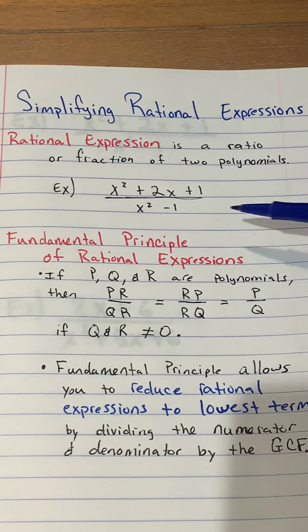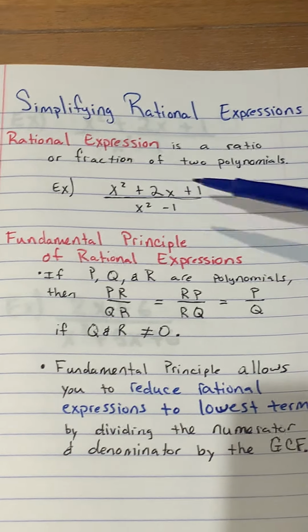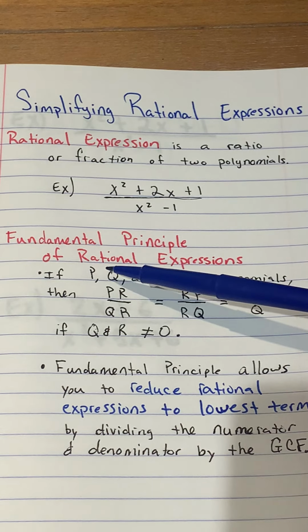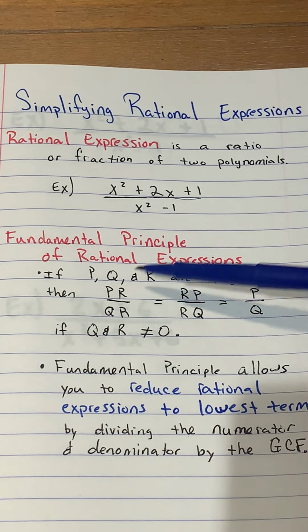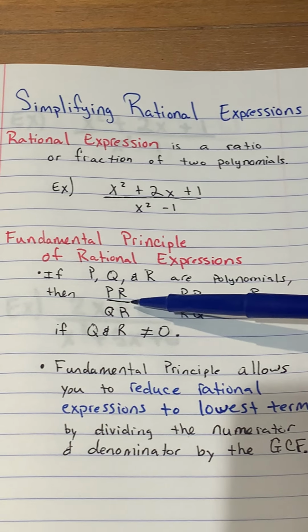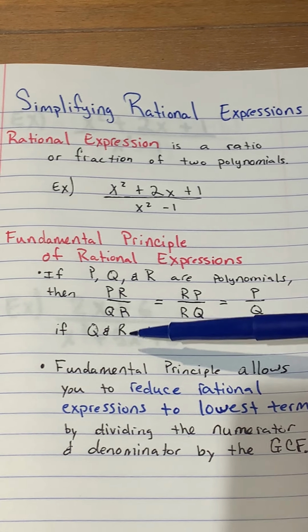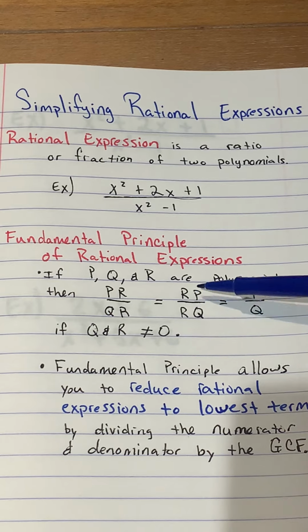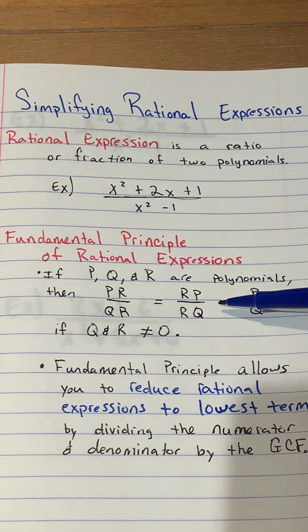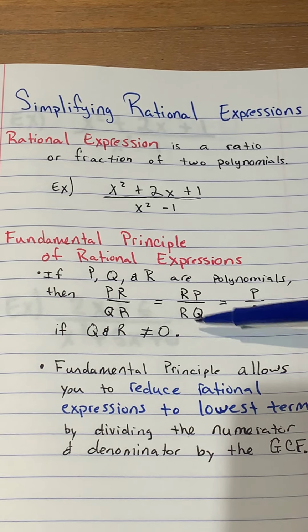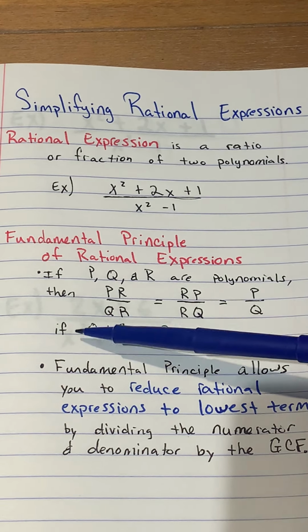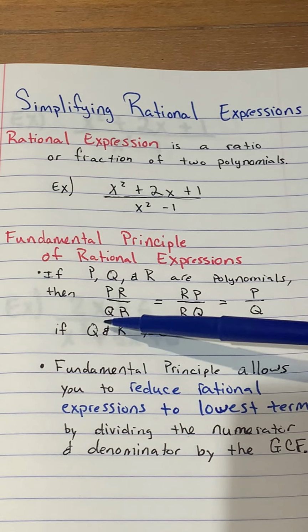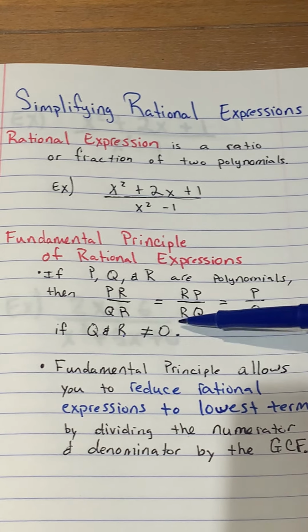So the fundamental principle of rational expressions: remember, P, Q, and R are polynomials, then we can say P times R divided by Q times R equals R times P over R times Q. My R's will cancel, so this equals P divided by Q. However, this only works if Q and R are not equal to 0.